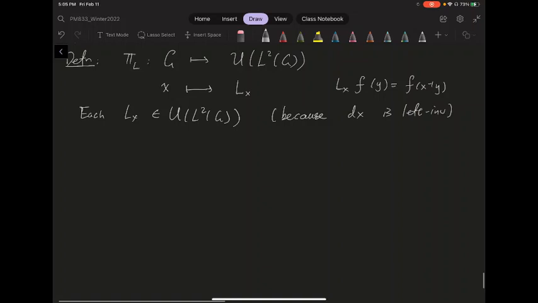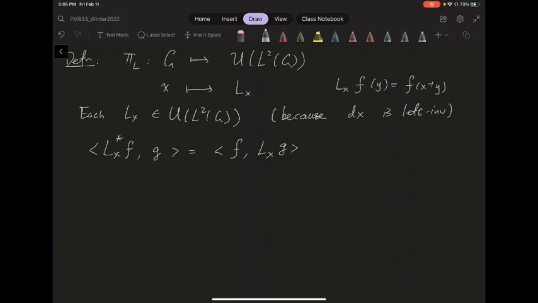And if you want to do the adjoint, let's look at Lx star of f. Essentially, if you look at the integral over G, it equals f with the adjoint moved to the other side. That's how we define the translation.